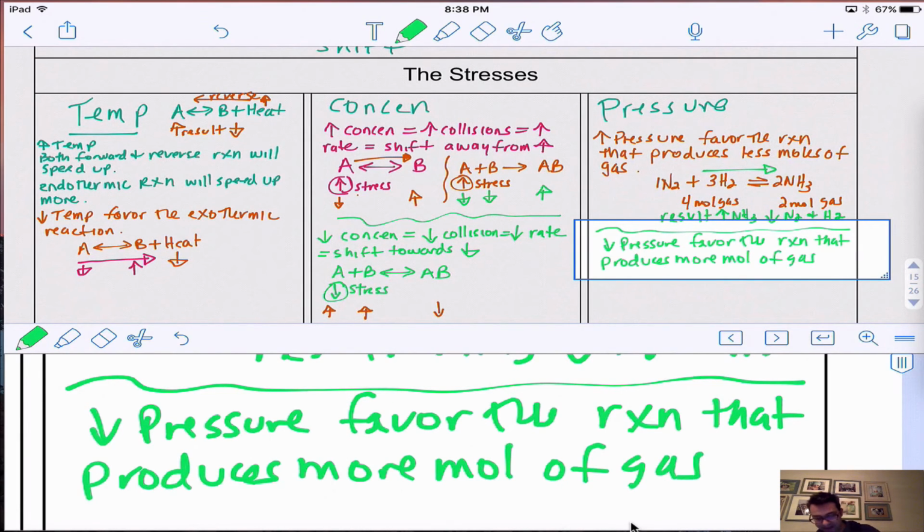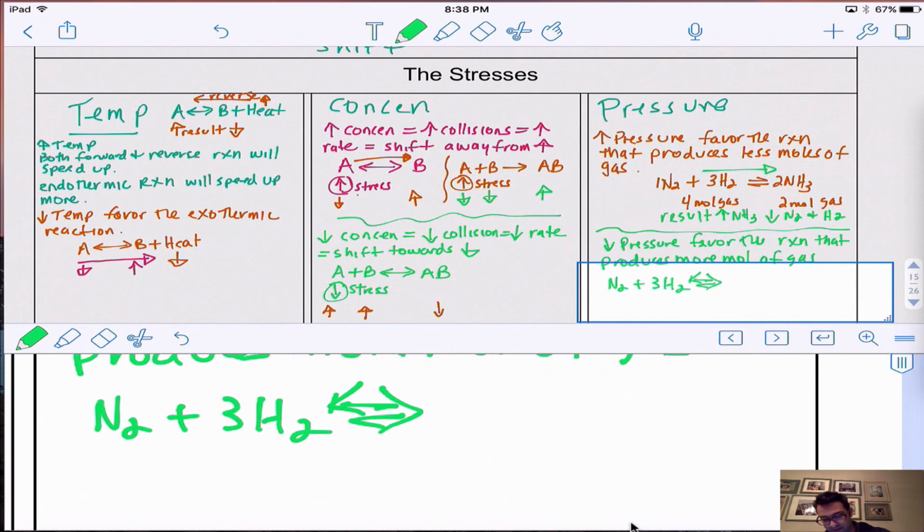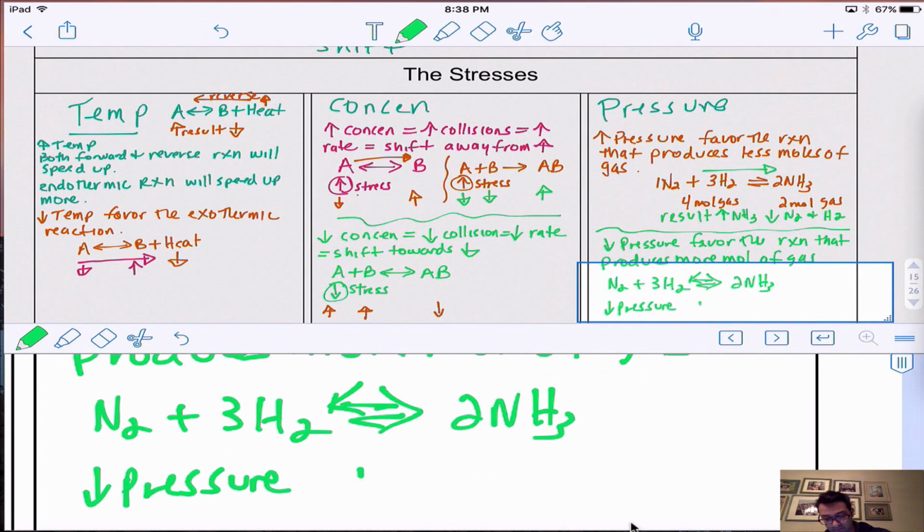And so using the reaction above, N2 plus 3H2 yielding 2NH3, if we were to decrease the pressure, we would actually produce more N2 and H2.